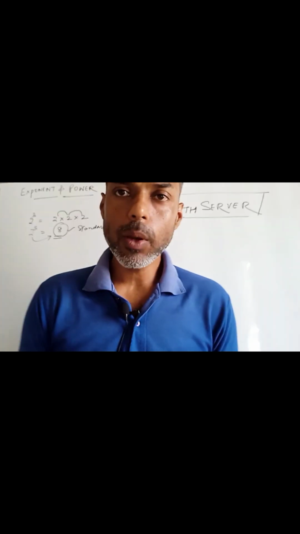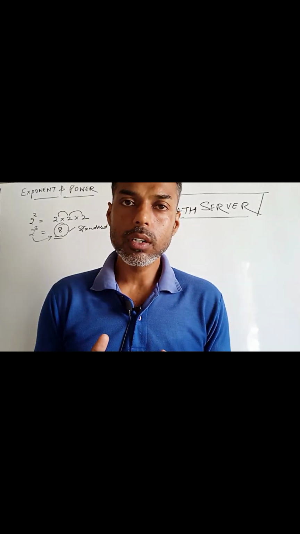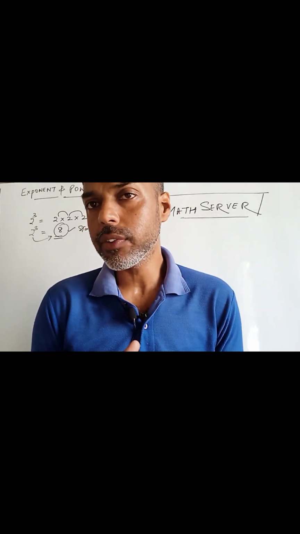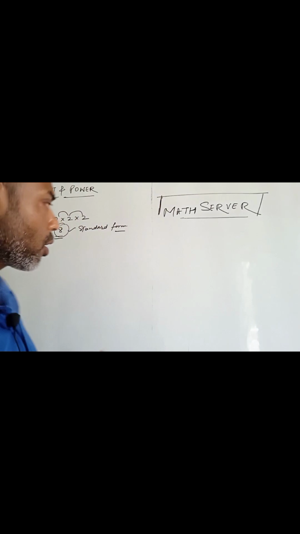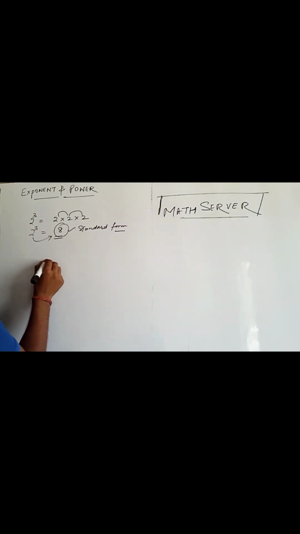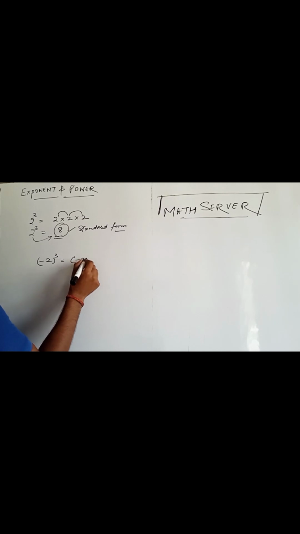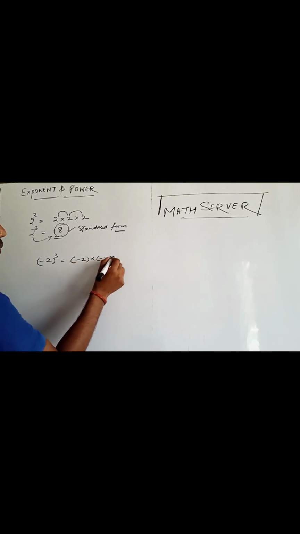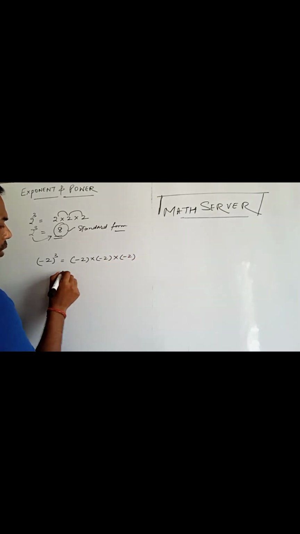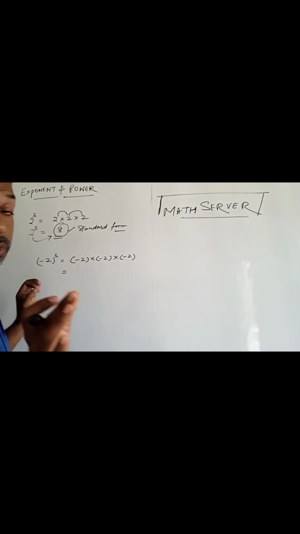But there is a problem. If you have to convert a negative integer into the standard form, let's see how. Suppose we have minus 2 raised to the power 3. In this case, what we have to do? We have minus 2 and minus 2, and minus 2. Here we have to take care of the sign also.